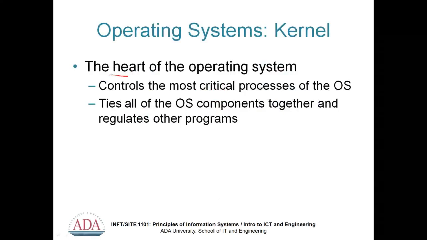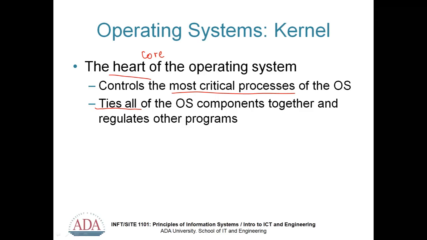And then the kernel, yes, the heart or core of the operating system, controls the most critical processes of the operating system, and it ties all of the operating system components together. So basically, the kernel is connecting all parts of the operating system.